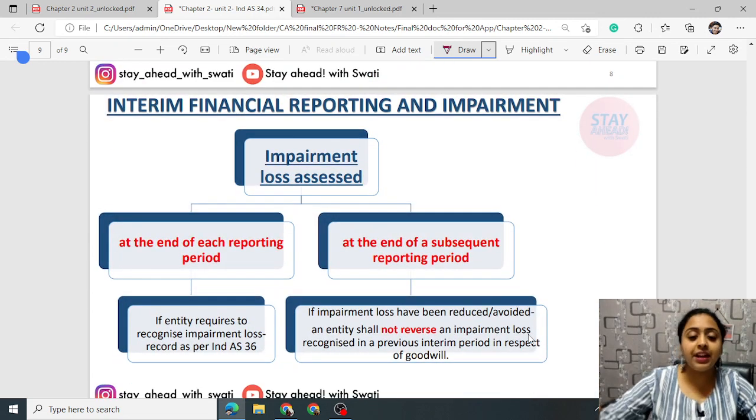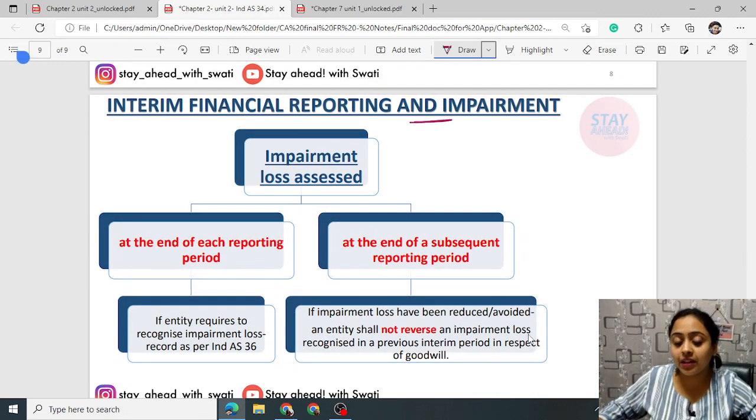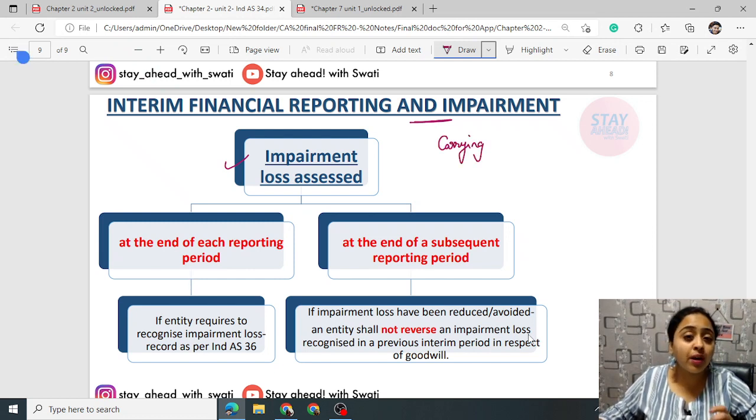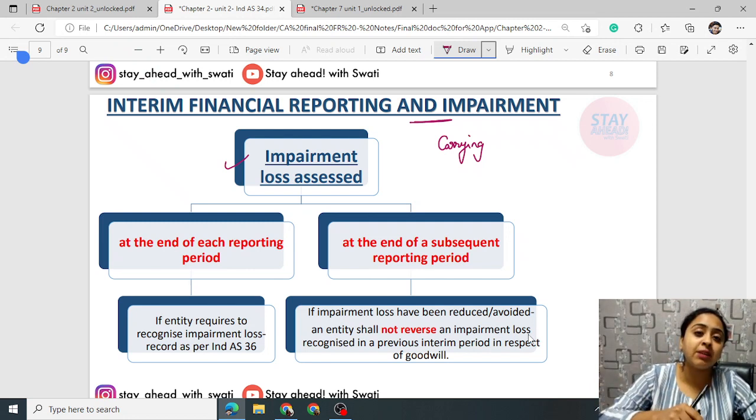Last, interim financial reporting and impairment. Impairment loss you will study in a separate standard, but if any impairment loss is assessed, for example, if the carrying amount is greater than the recoverable amount... What is carrying amount? The amount at which a particular asset or liability is recorded in the financial statement is known as carrying amount.